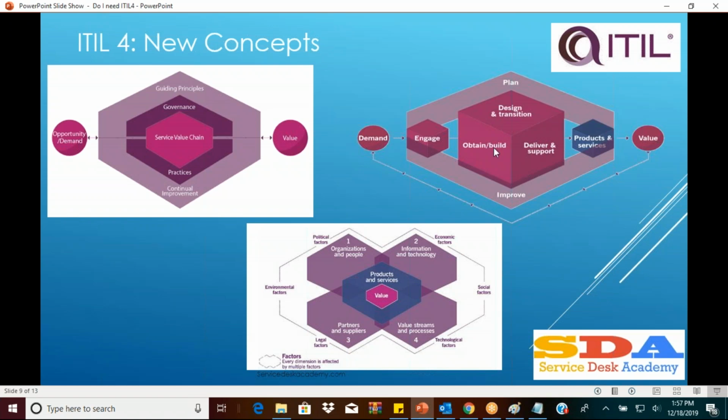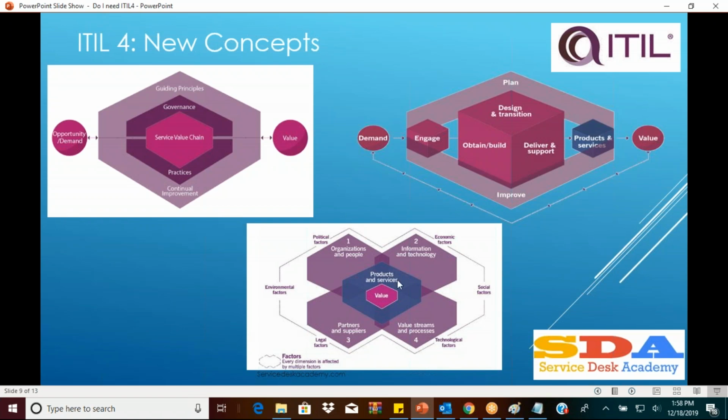So this is the service value chain, which is embedded here. And here we have practices, that is 34 practices in number. Okay, and all these practices, guiding principles, governance, service value chain, and continual improvement, they all are working together in order to enable value to the customers. So this is how ITIL V4 has been systematically arranged with the best practices of DevOps, Agile, and Lean.